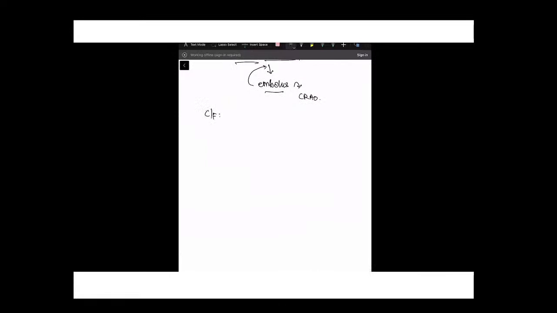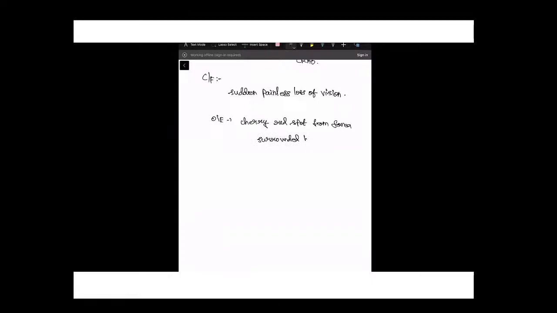Clinical feature: sudden, painless loss of vision, and on examination we can see a cherry red spot from the foveal area surrounded by a white retina.